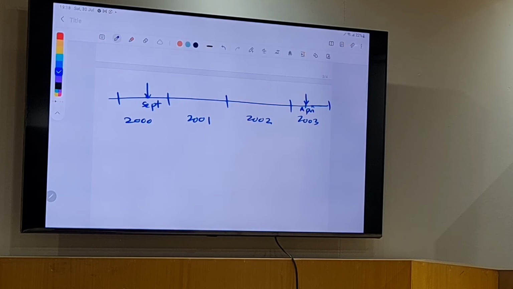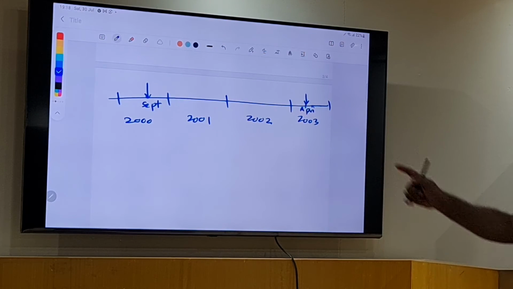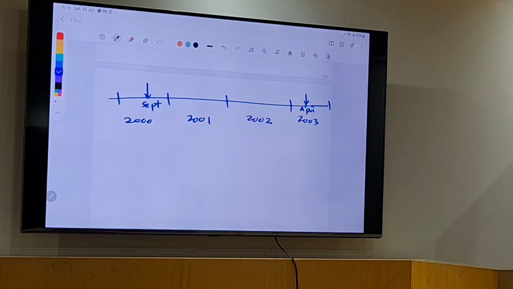One, we said full year's depreciation in the year of purchase. Now, what is the year of purchase in this example? Which year do I buy the asset? I buy one asset on this date. Which year? 2000. Which month? September.